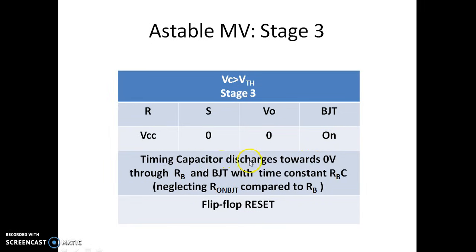Now the timing capacitor discharges towards 0 volt through RB and the BJT with a time constant RB into C. Why it is RB into C is because it is discharging through RB as well as the BJT, but here it is simply written as RB into C, neglecting the on resistance of the BJT, that is RB on is very small compared to RB.